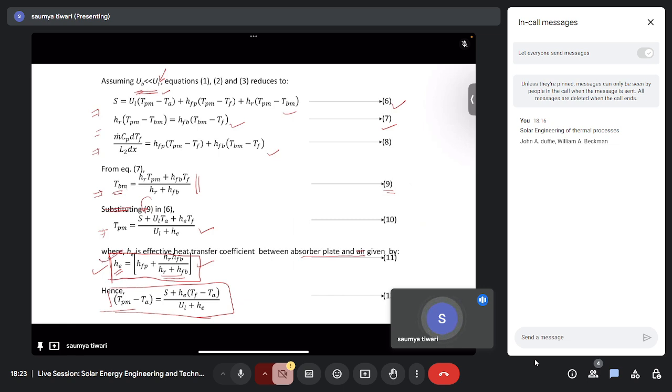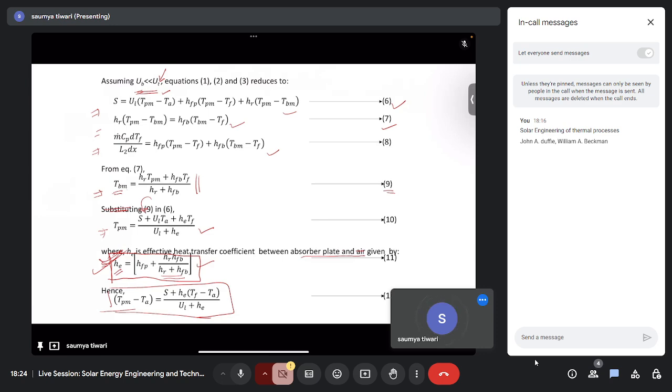If you see the lectures of the sir uploaded on the SWAYAM site, you can easily understand how these are derived. I'm just telling you what formulas you need to remember to solve the numerical problem. So this effective heat transfer coefficient formula you need to remember.